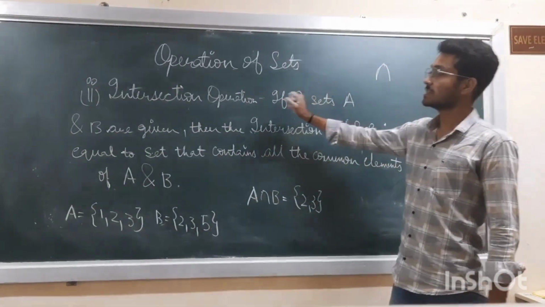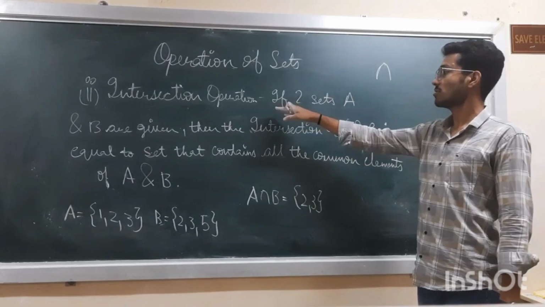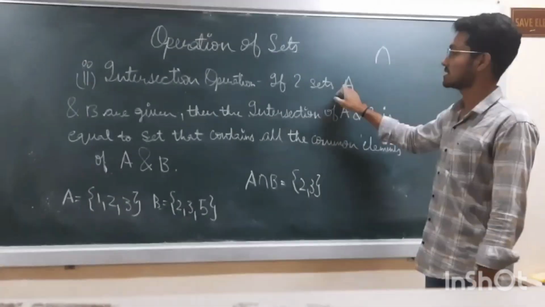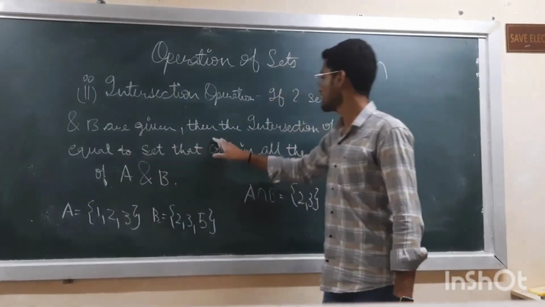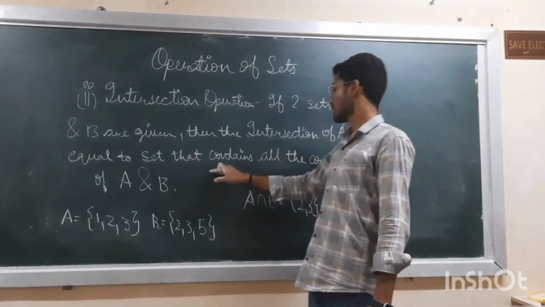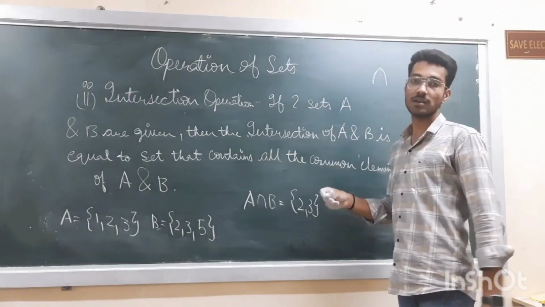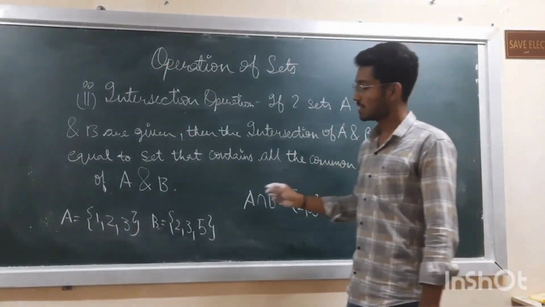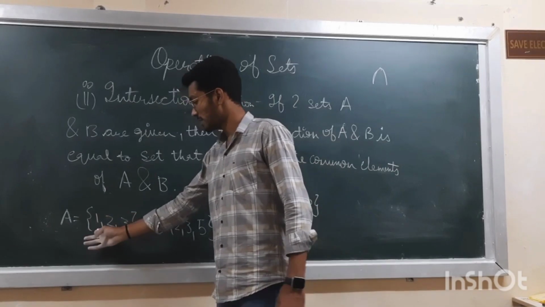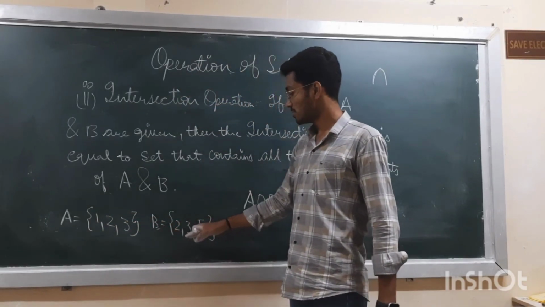Now the second operation is the intersection operation. The definition of intersection operation is, if we have two sets, set A and set B, then the intersection of A and B is equal to the set that contains all the common elements of A and B. For example, we have set A which has elements 1, 2 and 3, and another set B which has elements 2, 3, 5.